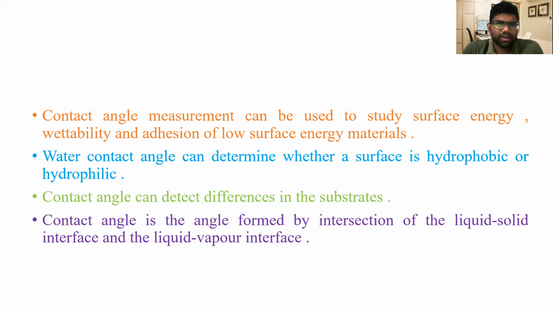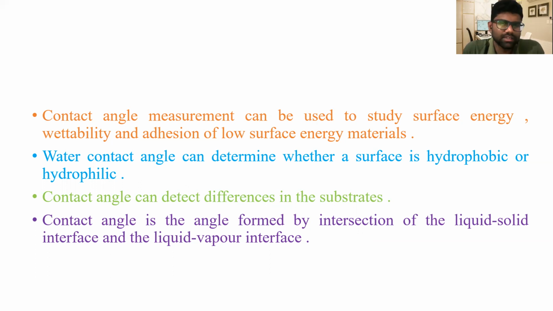So contact angle can detect differences in the substrates. When we have multiple substrates, we can find the differences in the substrates by performing the contact angle measurement and studying the surface properties.